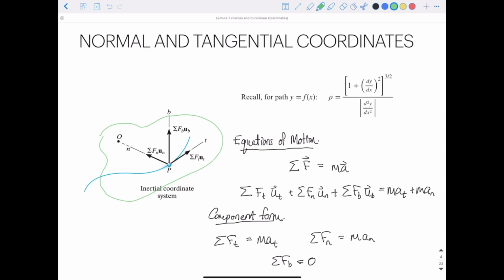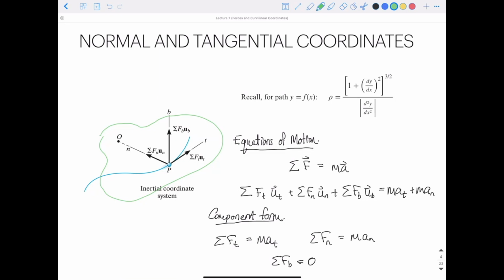So it's perpendicular to both the normal and tangential directions, and it sticks straight out of the plane of motion. That plane could be oriented whichever way in three-dimensional space. If the object stays in that plane for some small period of time, that means there's no acceleration in that direction, which means that the sum of the forces acting on that particle in that direction must add to 0.